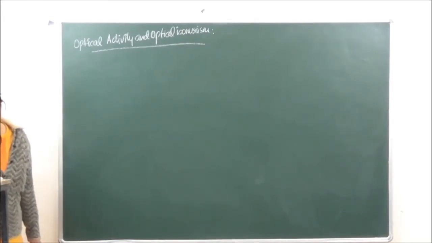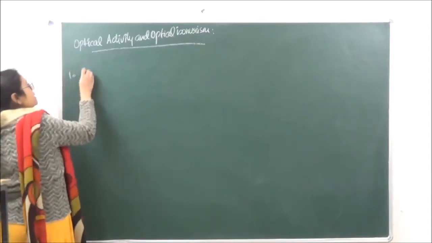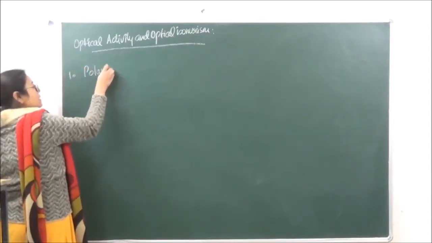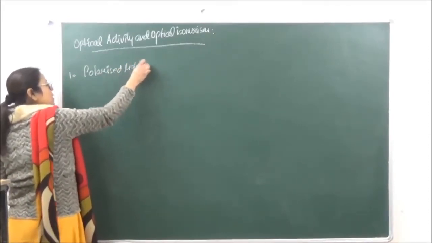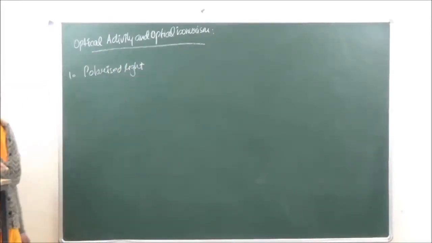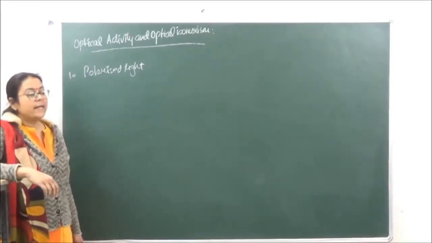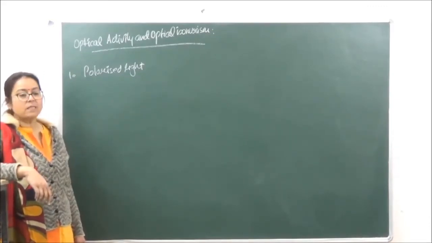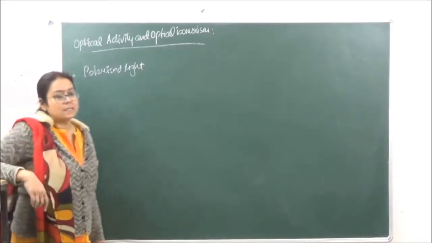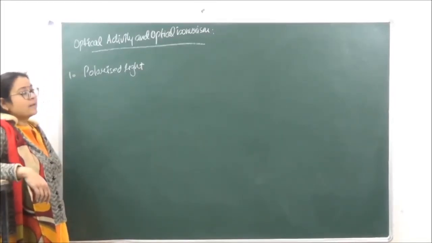Okay, the first term which we are going to study over here, that is polarized light. Now whenever we are taking any source of light, any ordinary source of light, it consists of electromagnetic waves, and these electromagnetic waves are vibrating in all planes. Okay, so what do we understand by polarized light?